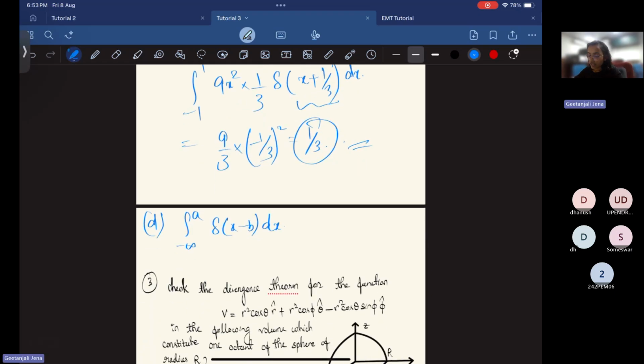For this one, you don't know whether b is within the range of minus infinity to a or not.